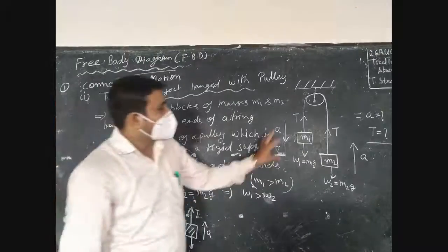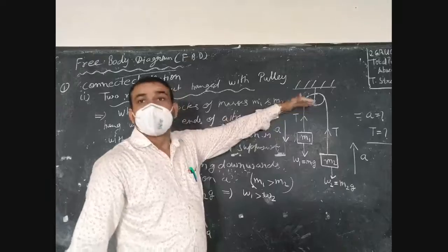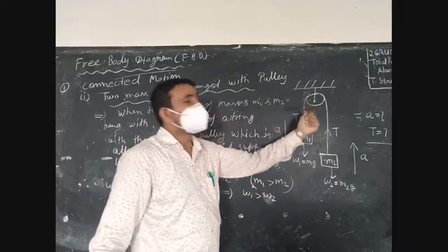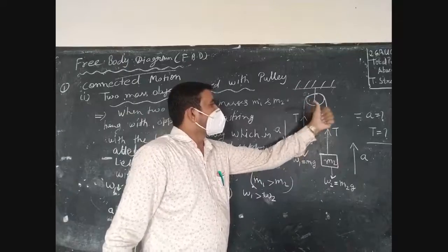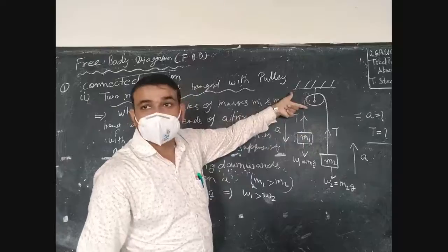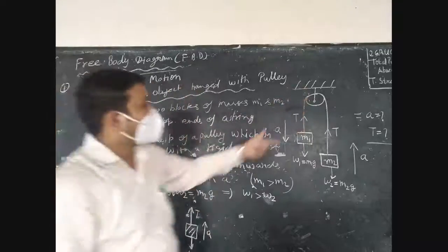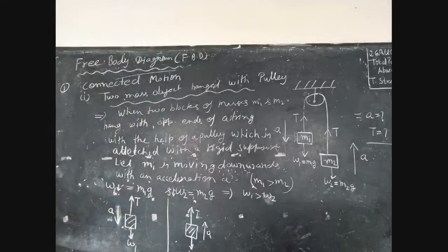Very simple. You have to make a separate diagram from the figure that is free from the pulley. Take from here, make it separately, and take from here, make it separately, and think about the net force.